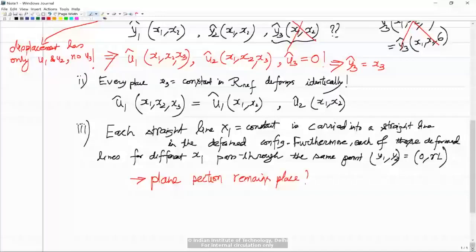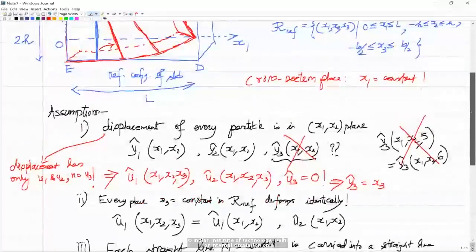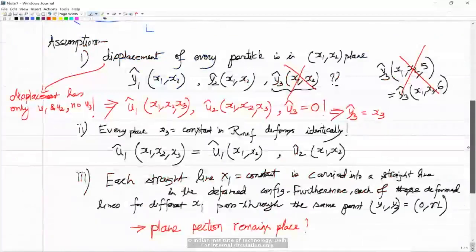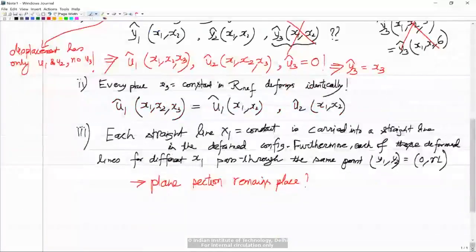Okay, that's from the first one. The second one says each of those deformed lines for different x1 passes through the same point 0 comma gamma l. We'll get back to this point a bit later, but let's proceed to the next assumption.